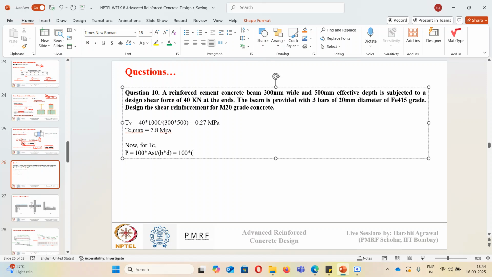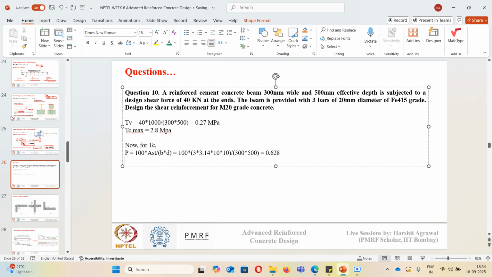It is given to us that we have provided three bars of 20 diameter. So 3 into 3.14 into 10 into 10, upon b into d, 300 into 500. When you solve, the percentage reinforcement will come out to be 0.628%.